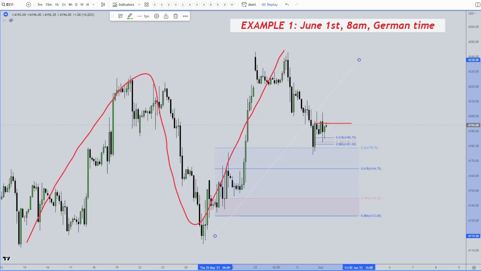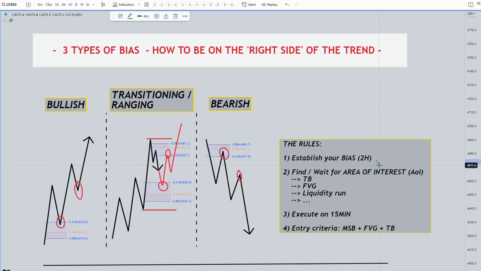In other words, your basic criteria for taking a long trade, bullish bias inside of an area of interest, would have been fulfilled already.